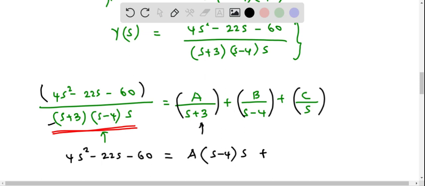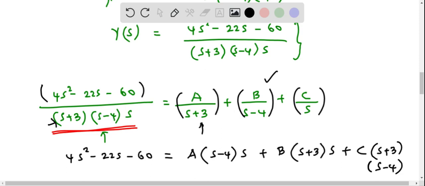And similarly, when you multiply the second term by this least common denominator, we notice that the s minus 4 term will get cancelled, and so finally b will be multiplied with s plus 3 times s, and finally c will be multiplied with the term which it does not have in the denominator. So this c will be multiplied with s plus 3 times s minus 4.